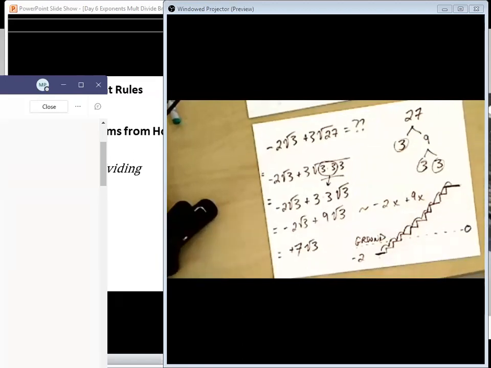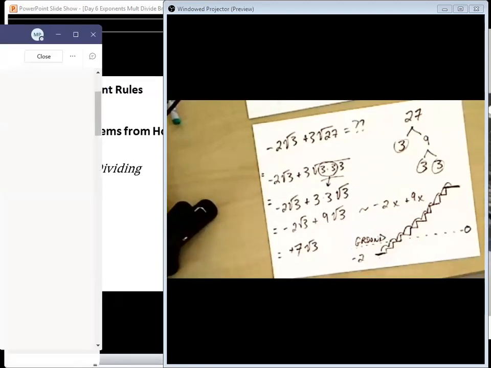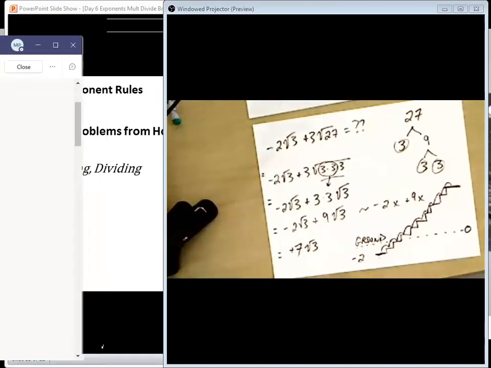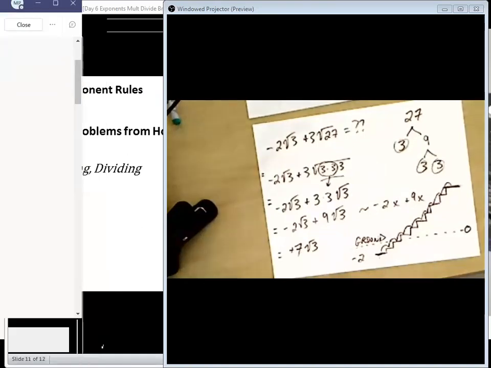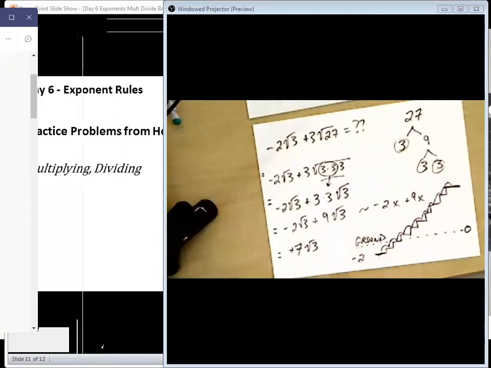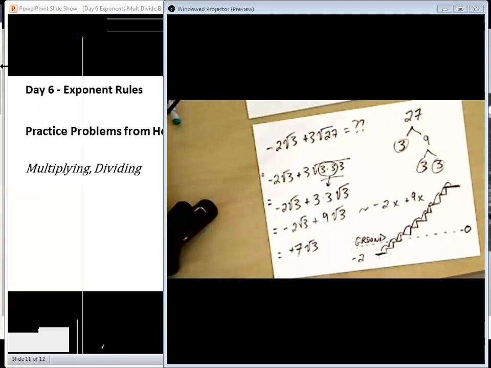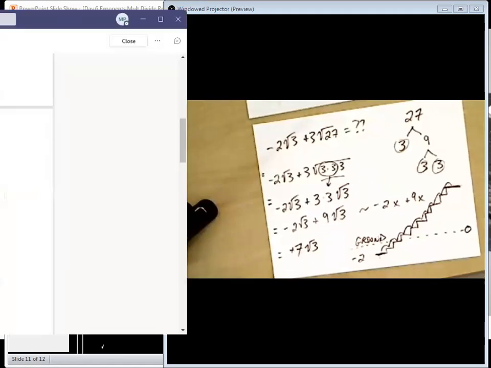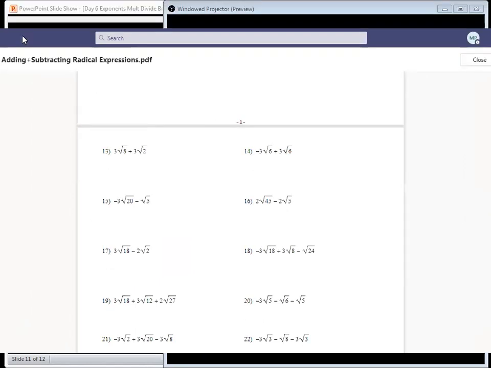Number 15. Sure, let me get it. Oh, there we are. Same thing. That 20 has to be broken down like we just did.